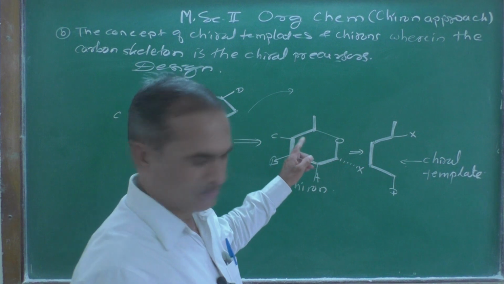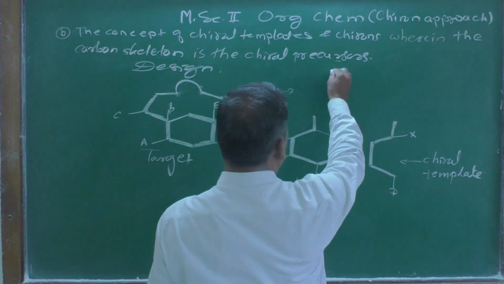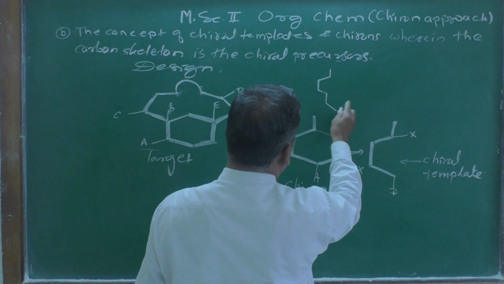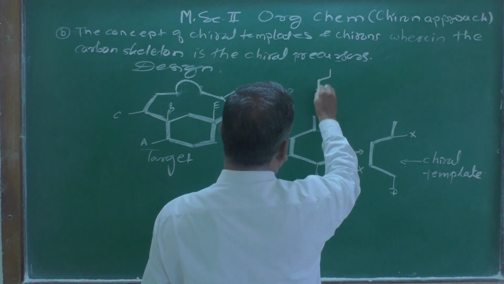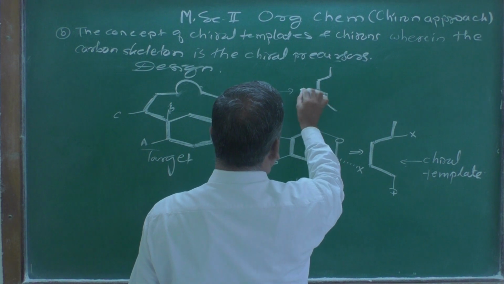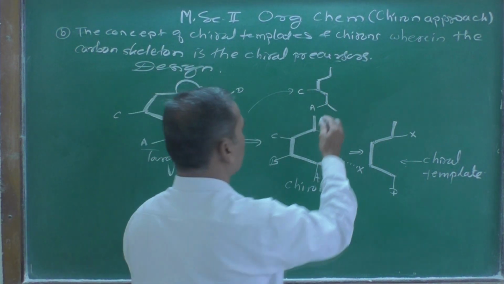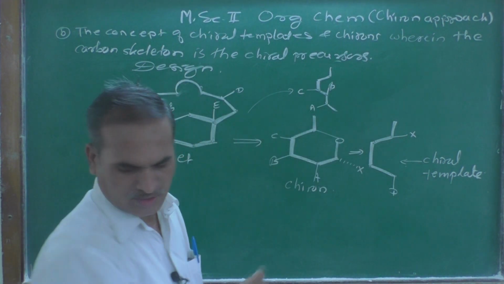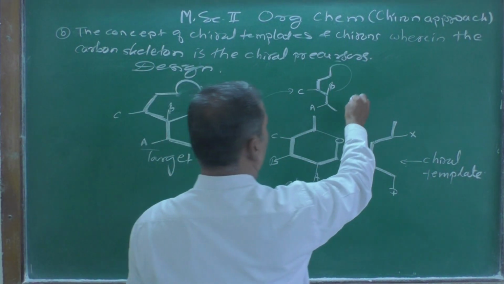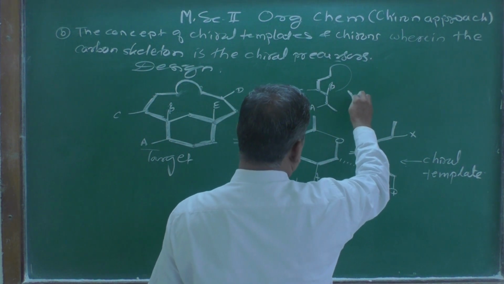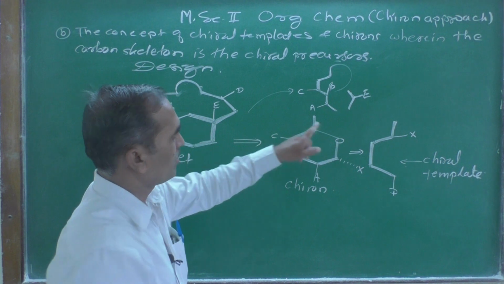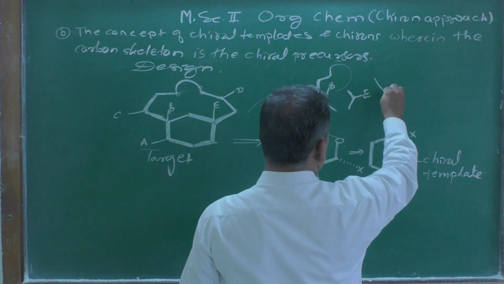So here we can show the carbon skeleton like this, as an open chain: here A, here is a C, and here maybe a B. So this structure may be like this, or one way of representing the E skeleton, and D may be somewhere here like this.